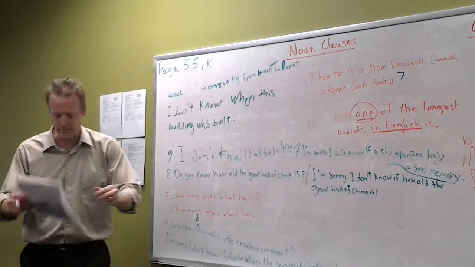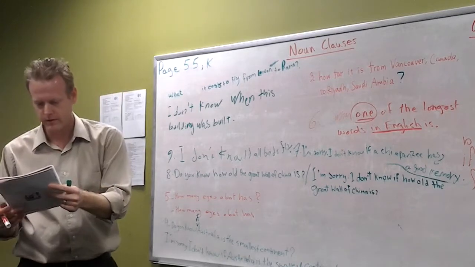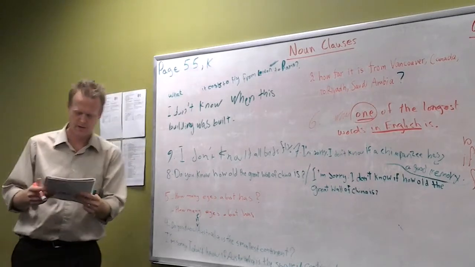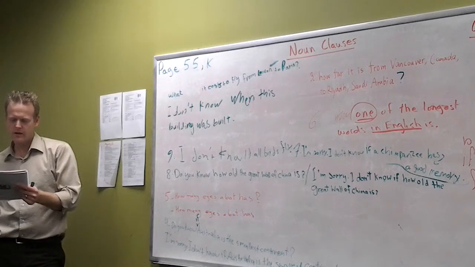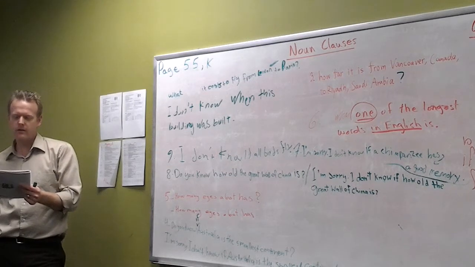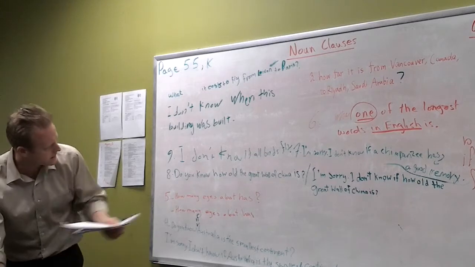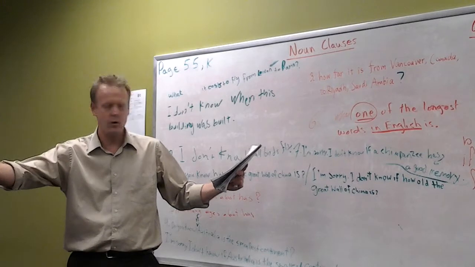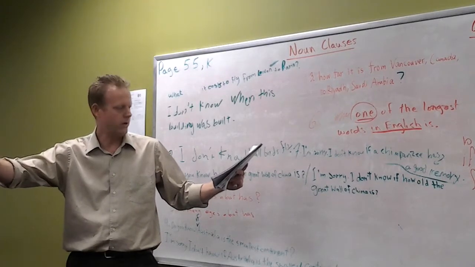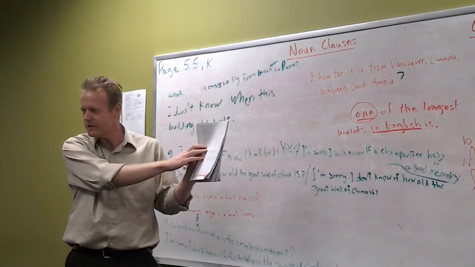Okay. All right. Who had 7? Me. Go ahead. Do you know if a chimpanzee has a good memory? I'm sorry, I didn't know. Let's see, what did you put that again? Let's look at that a second. So you said, do you know a chimpanzee? Now hold on. Read this first.